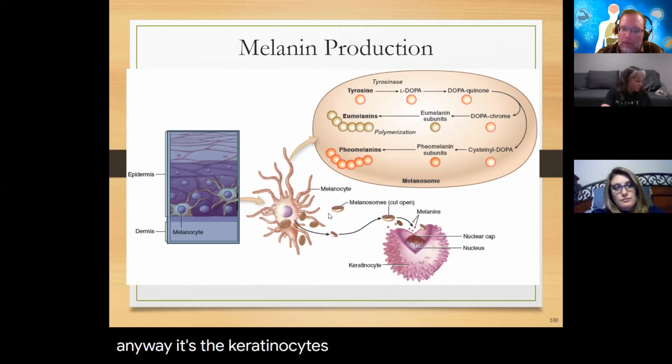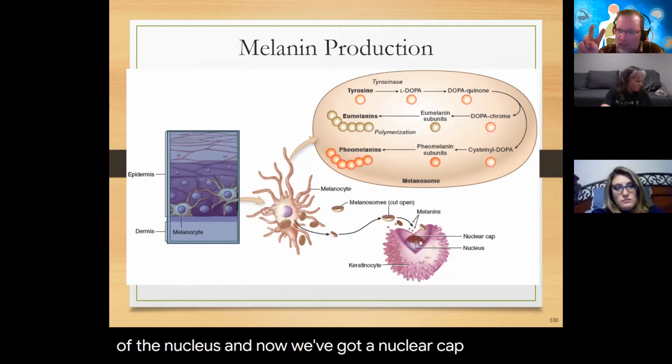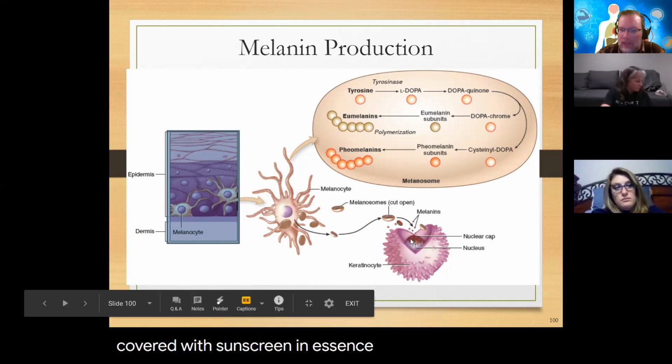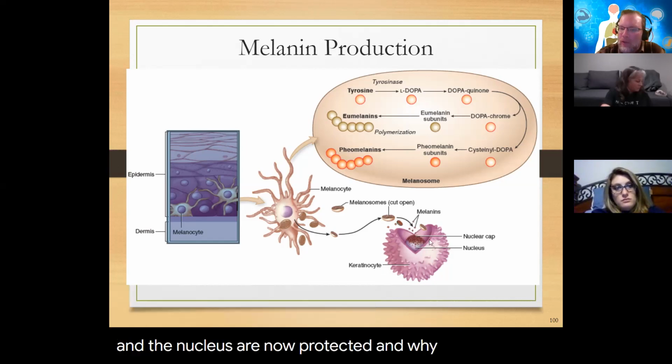Believe it or not, these melanocytes get hit with a little bit of UV. They start releasing some of their pepper packets, and these packets get opened up and dumped on top of the nucleus. Now we've got a nuclear cap covered with sunscreen, in essence. So the keratinocytes' nuclei are now protected. Why does the nucleus need its own little version of sunscreen?